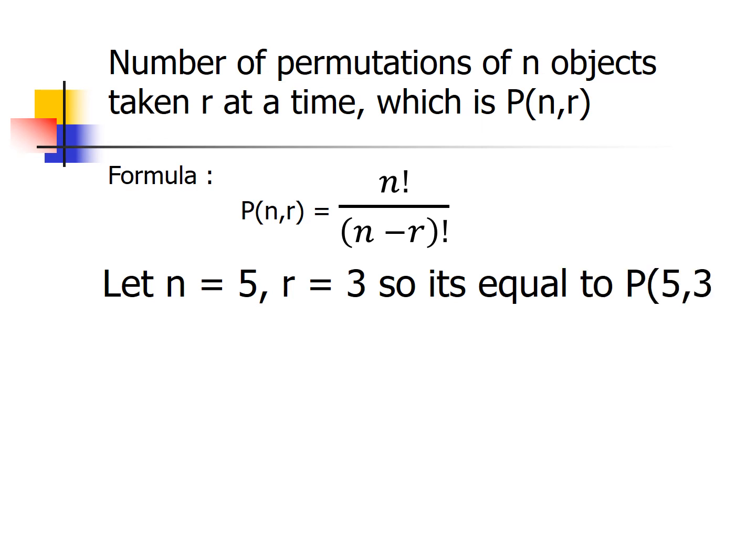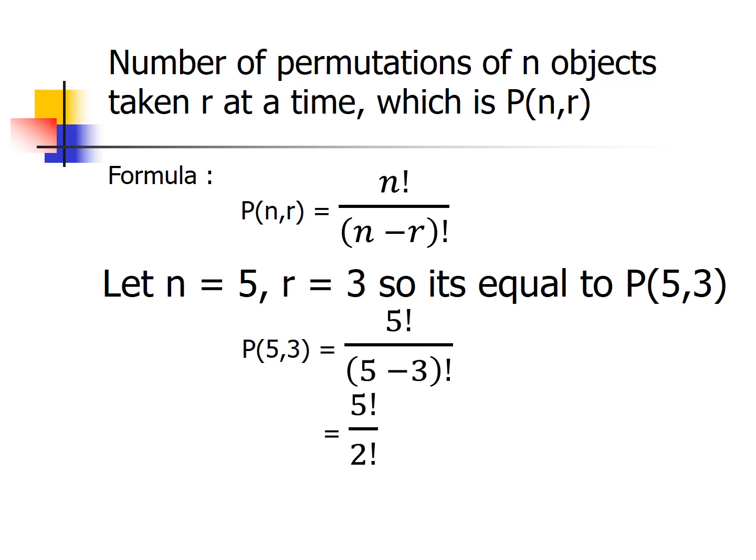So, by substitution, P of 5, 3 is equal to 5 factorial over 5 minus 3 factorial, and is equal to 5 factorial over 2 factorial. Such that 5 factorial is equal to 5 times 4 times 3 times 2 times 1 over 2 times 1.